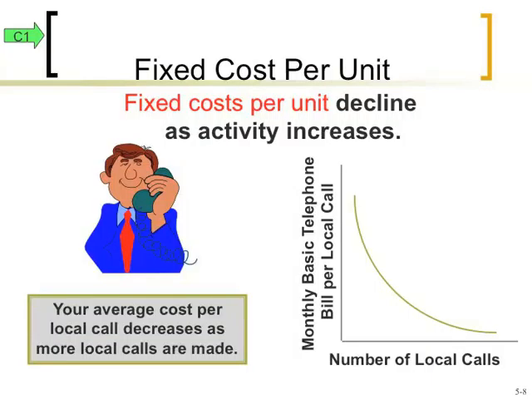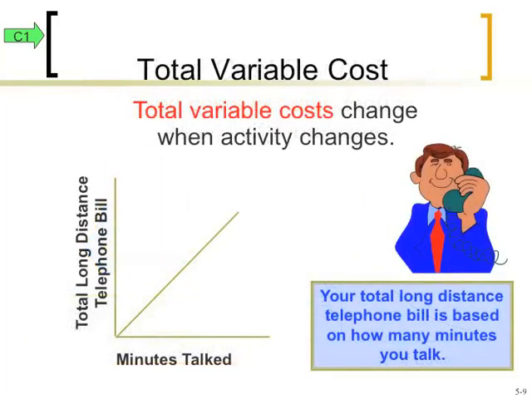If we move on then to looking at the fixed cost on a per unit basis, our fixed costs will change as the number of phone calls goes up or down if we continue with that example. So that's a fixed cost. Let's look at the variable cost, going to slide 9. And here, let's assume we're on a phone plan where we're charged per call.